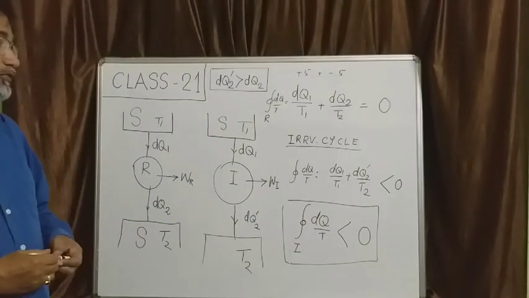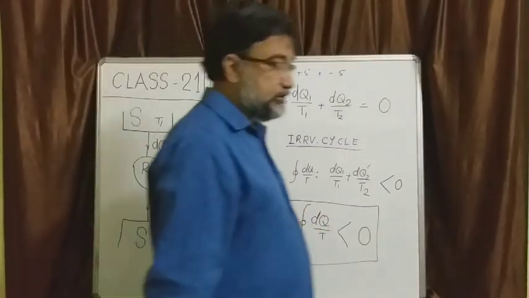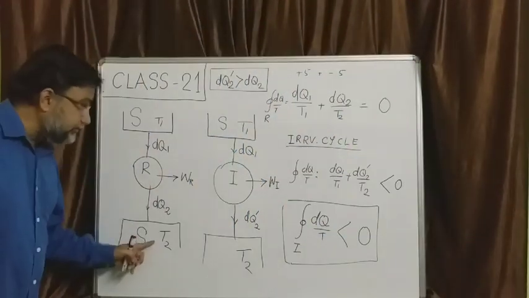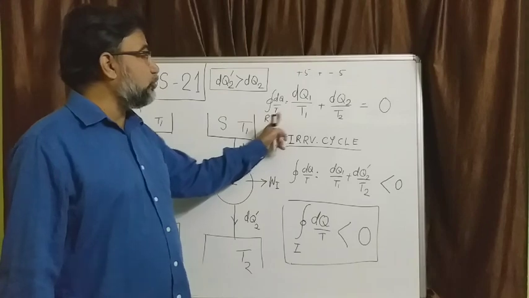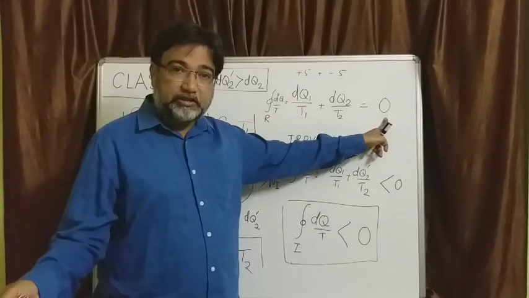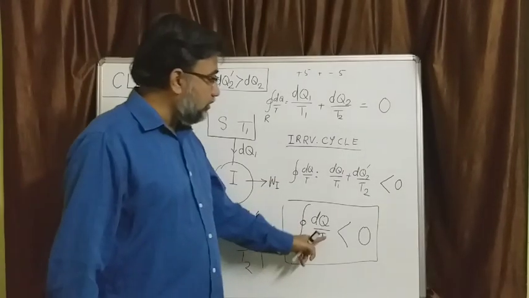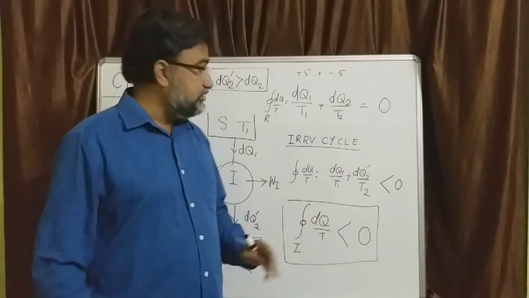Let me summarize: for a reversible cycle, the cyclic integral of dq by t is 0, already established in the last class. For an irreversible cycle, the cyclic integral of dq by t is less than 0.